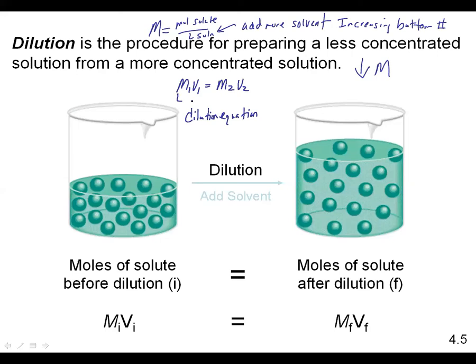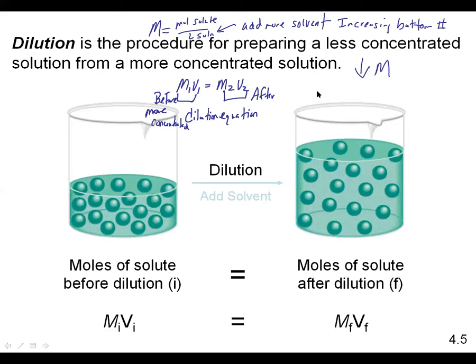Our ones are usually before the dilution, the more concentrated. Our twos are after the dilution, more diluted part. Truthfully, it doesn't matter as long as you keep the molarity and the volumes together. So M is molarity and V is volume.